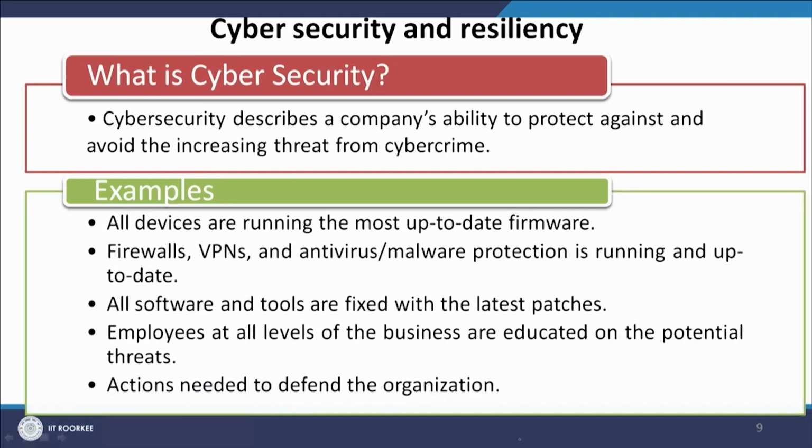For example, all devices are running the most up to date firmware, firewalls, VPNs and antivirus malware protection are running and up to date. All software and tools are fixed with the latest patches. Employees at all levels of the business, any company, maybe the banking sector or power business sector, are educated on the potential threats and the action needed to defend the organization. So, we have to be very, very careful about how to protect an organization when it is attacked.